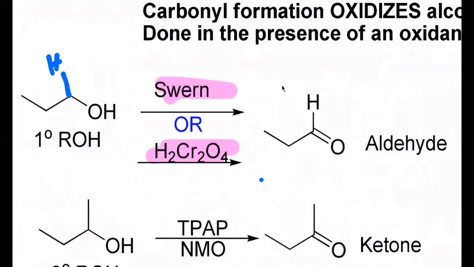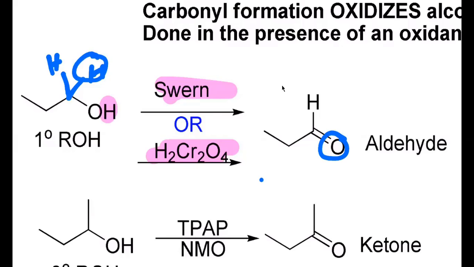You got 2 hydrogens here. Is that right? On that carbon, yeah. And you also have a hydrogen here on the alcohol. Is that right? In the product, though, look at the oxygen. The hydrogen that was attached to the oxygen is gone, and one of these hydrogens is also gone.